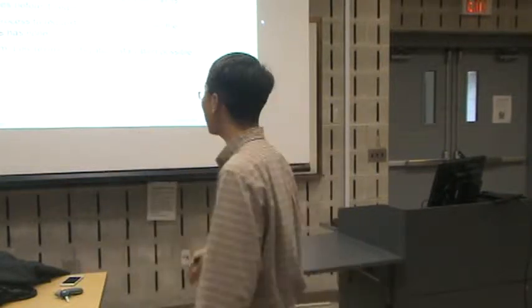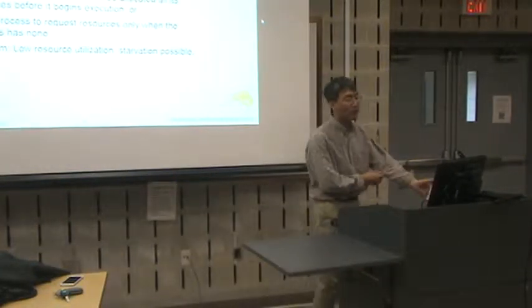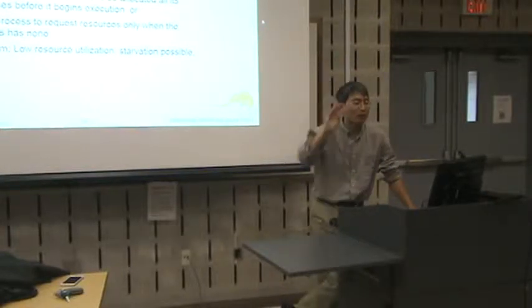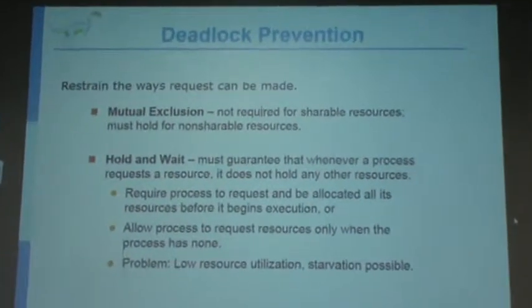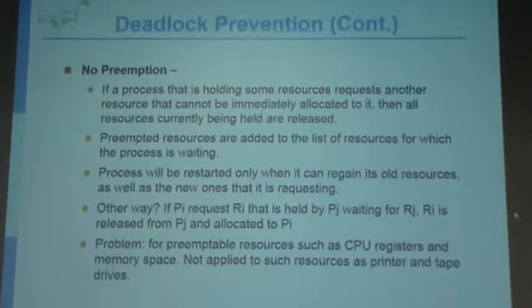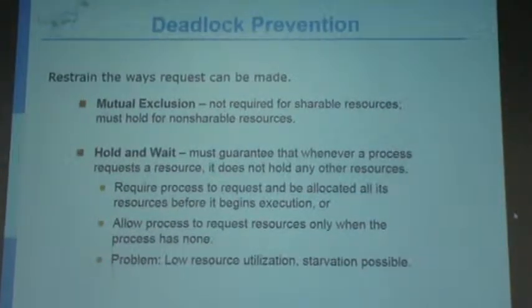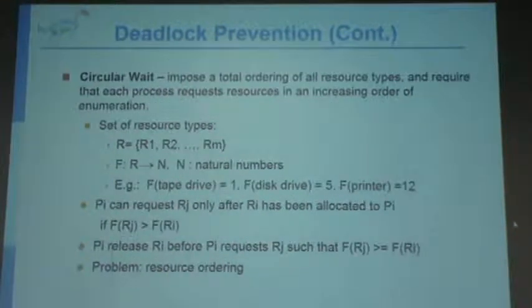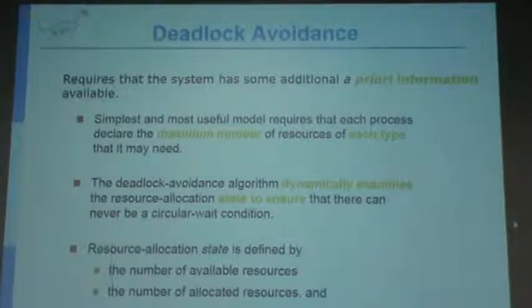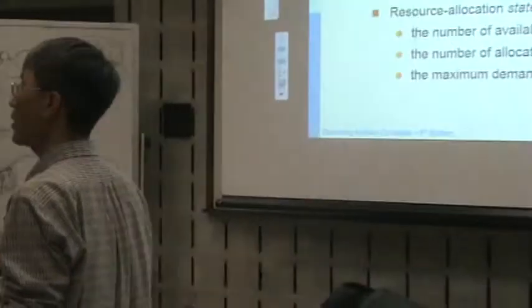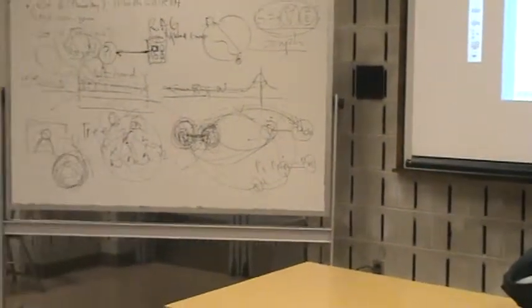So deadlock prevention means, we have the four characteristics of the deadlock situation, and we break one of these: mutual exclusion, hold and wait, no preemption, and circular wait.